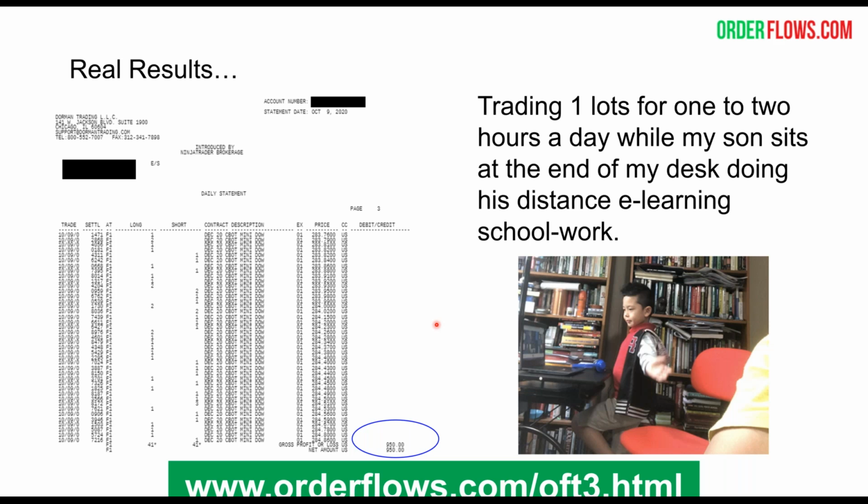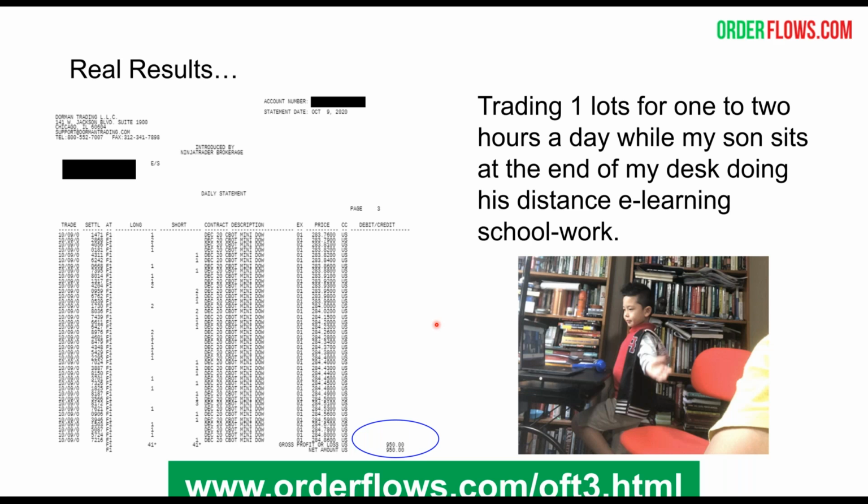This is my son. He's sitting at the end of my desk. I had to buy a little desk to put him on. He's got his laptop there, and here he is in, I don't know, music class or something. But I don't get to trade for consistent periods of time, like a 5-hour or 6-hour block.